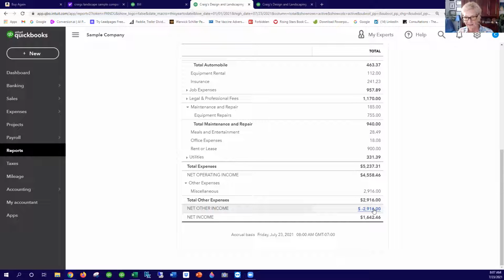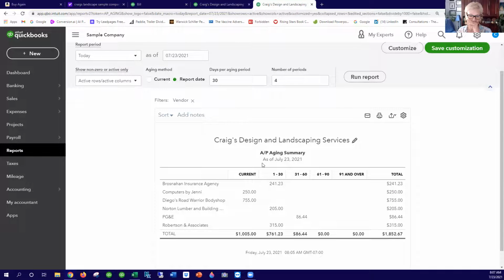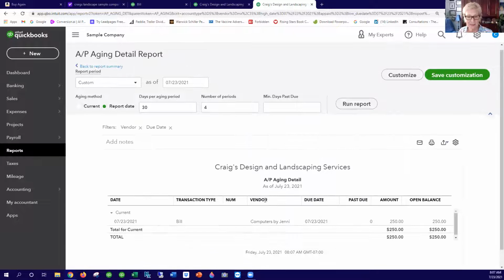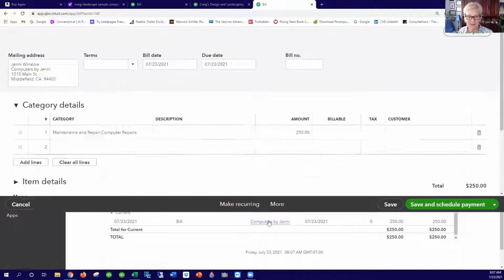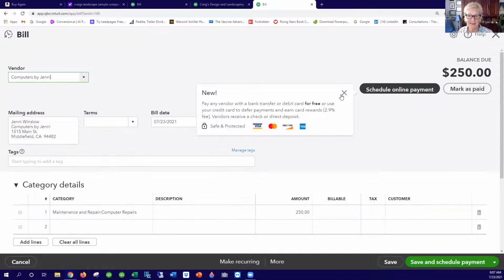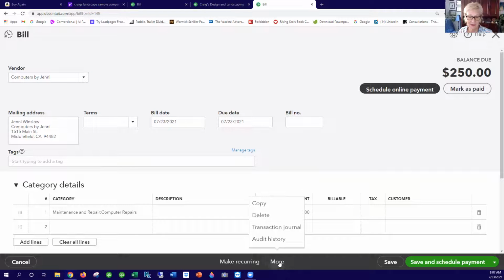And if it's in a prior period tax year, if it's in last year and you've already filed your taxes, you can't just go in and void it, right? You can't just go in and delete it. So if this was something that I added, and next month or a couple months from now, in the same fiscal year, I realized it was a duplicate, then I could just pop in here and say, thanks so much, Computers by Jenny, this happened to be a duplicate and I really don't need it.